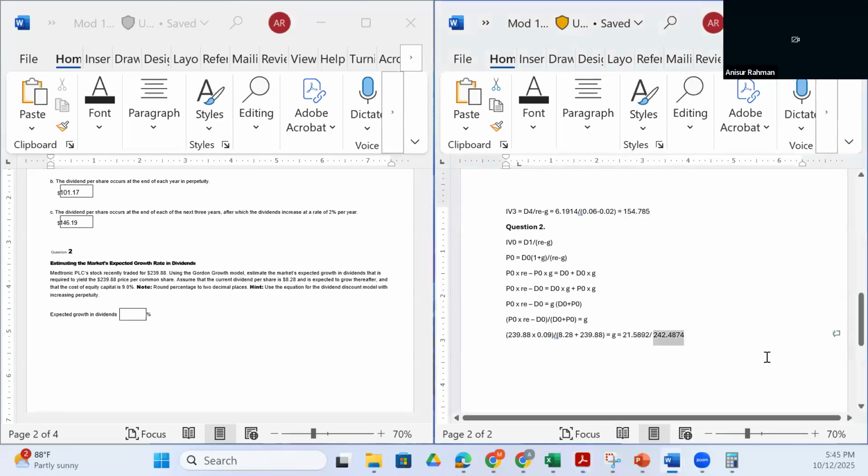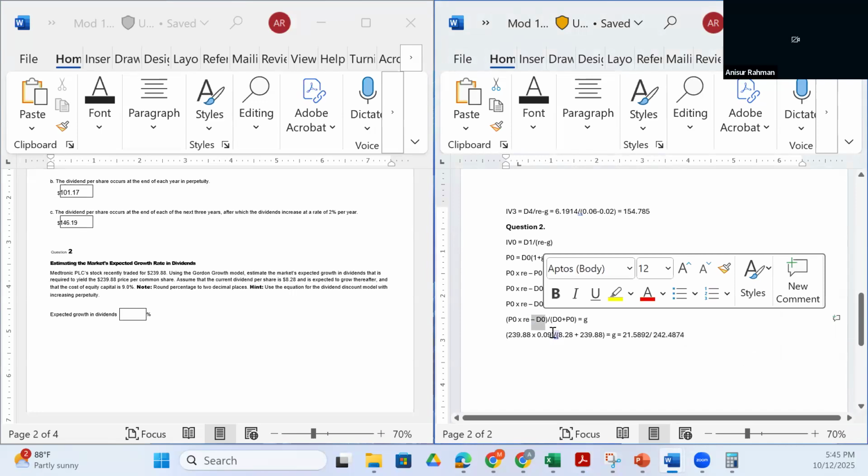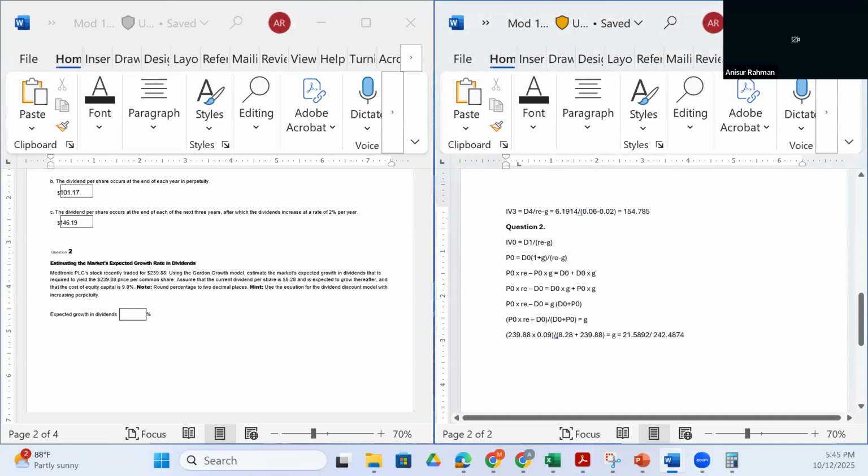So we might have made a mistake somewhere. $239.88 times 9%, 828. I see, we did not subtract this D0. So minus D0 is 828.